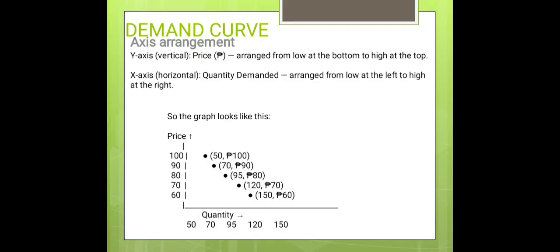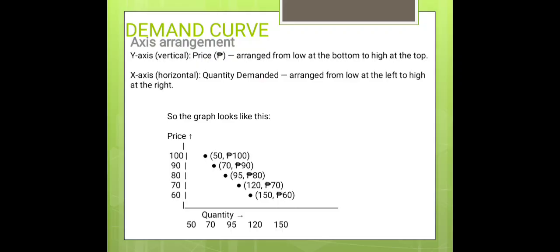So, again, sa pricing na linya, which is the y-axis, the vertical line, from the bottom, sa pinakababa, you have to arrange 60, the lowest price or the lowest number at the bottom, going up or at the top, yung pinaka-highest na price. So you have to, from lowest to highest na arrangement.